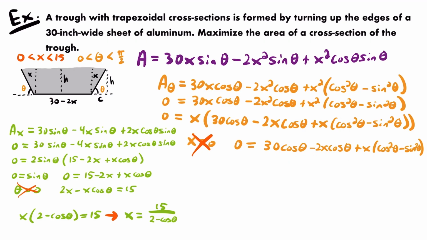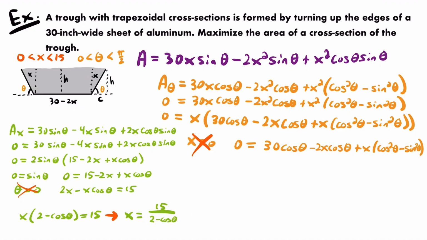Now on top of that, I'm going to make one more simplification, which may not be initially obvious that you would want to do this, but you have to remember what we're trying to solve for here. After we plug in this expression for x in this equation, we want to solve for theta, and you'll notice that we have a lot of cosine thetas that we'll be working with. We have this cosine theta, this cosine theta. Every time there's an x, we're going to replace it with this expression that has a cosine theta.